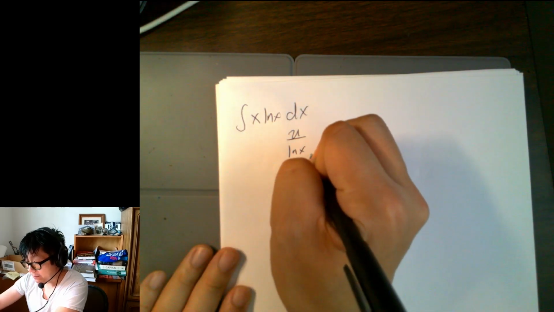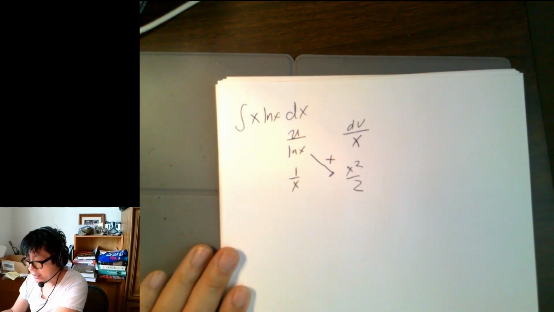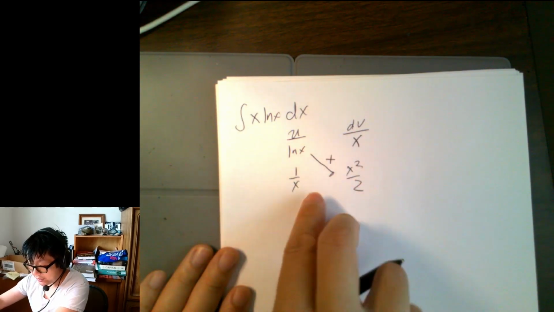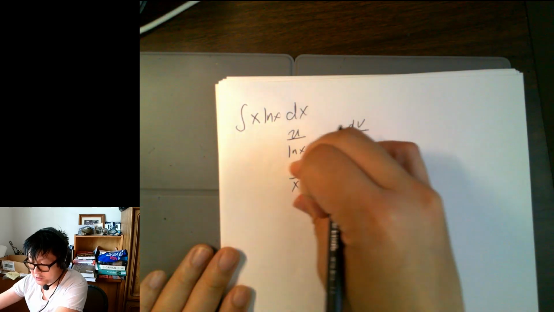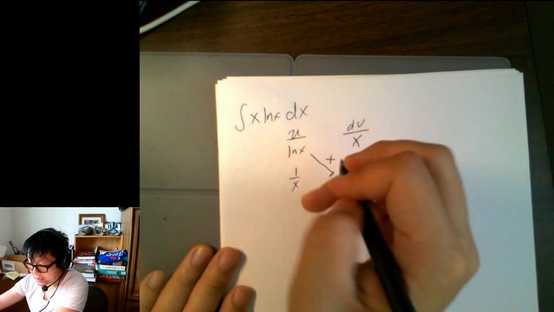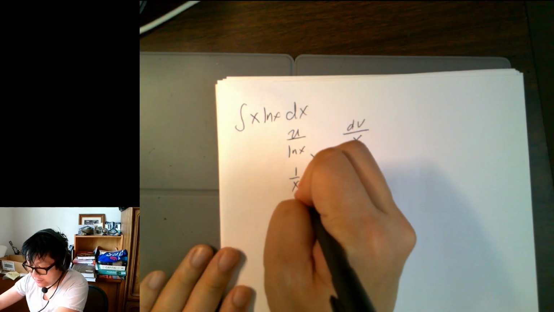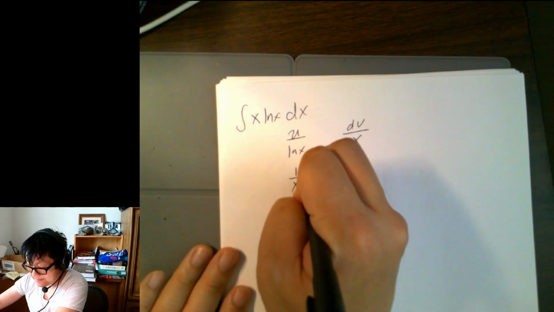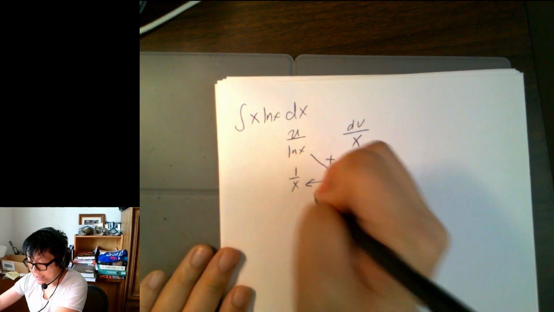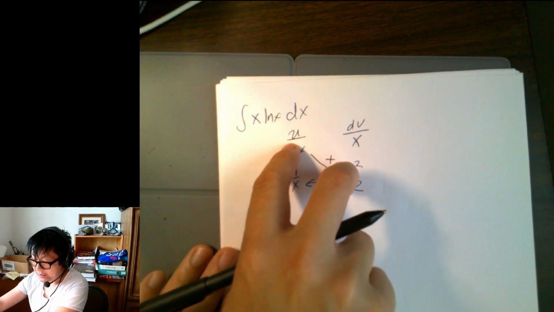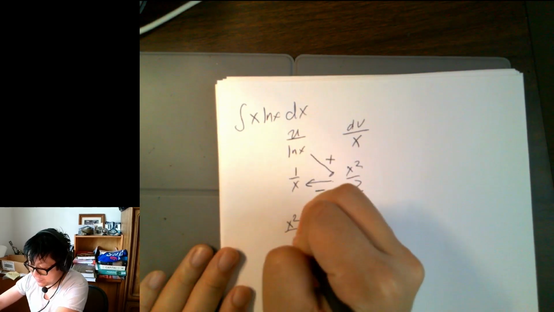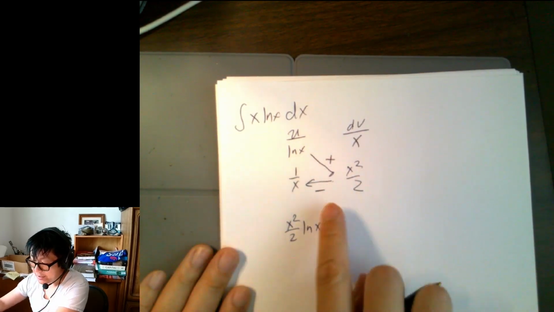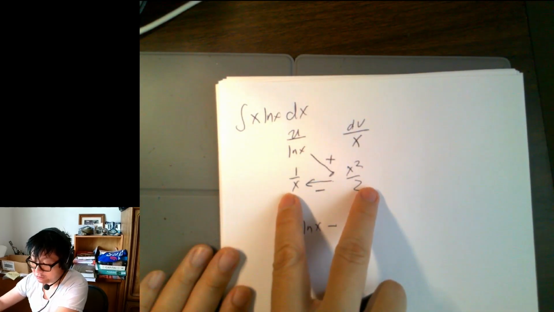So you start the same, plus, and instead of going this way, down, because we only need to do it once in order to get just a product of powers of x, I draw a line this way with a minus sign. This tells me that my answer is the product of these two things minus the integral of these.